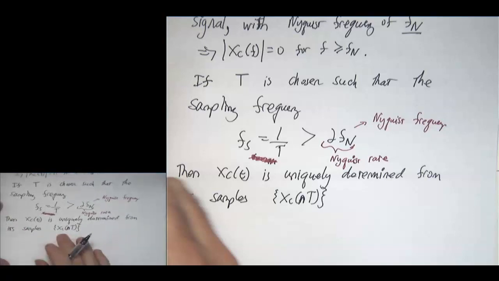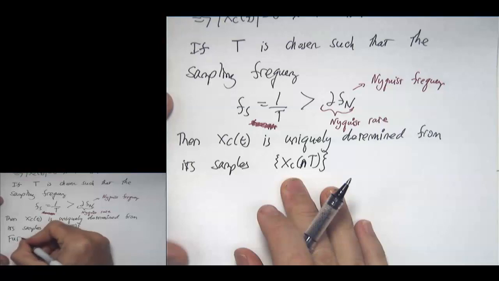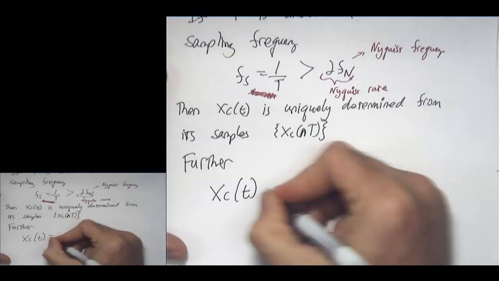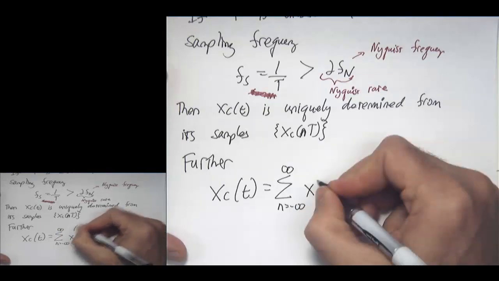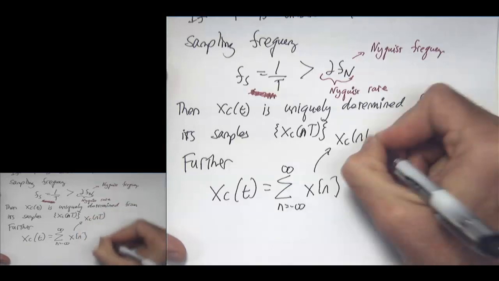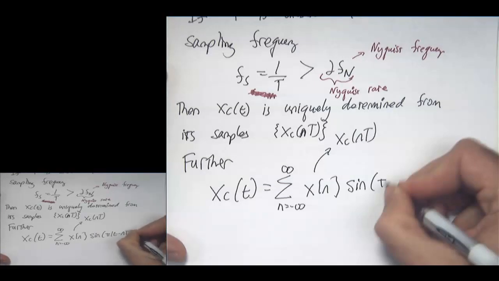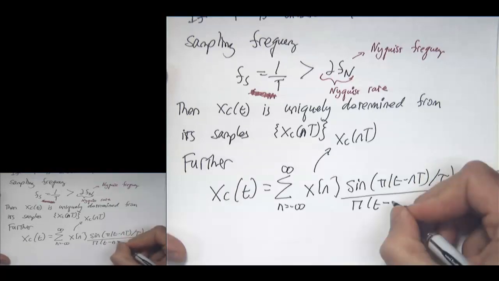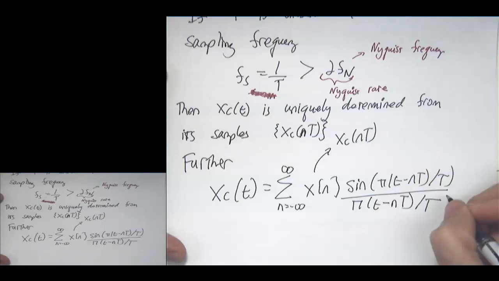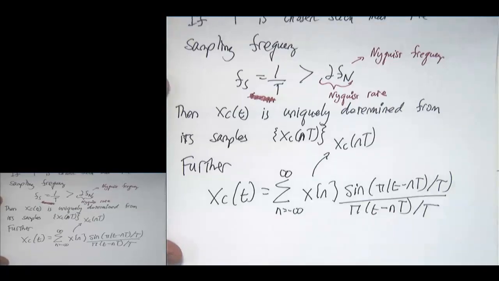And then further, what this tells us is that we can write x sub c of t as a linear combination of those periodically obtained samples, x of n, which is just x sub c of nT, multiplied by sinc of pi (t minus nT) over T, divided by pi (t minus nT) over T. So let's parse this for a second here.